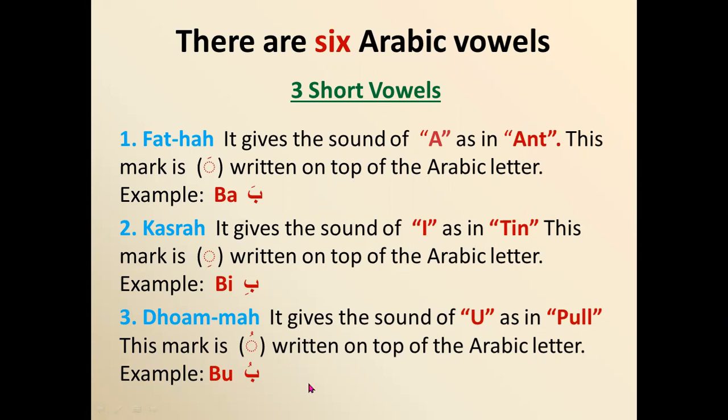So you have to master all these vowels to be able to read Arabic. And of course, you don't have to write it first, but for now, you have to concentrate on the alphabet, the sounds, and these vowels.